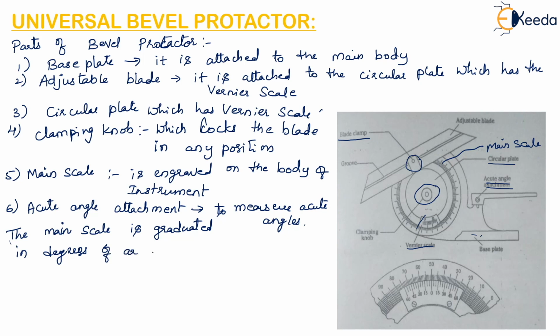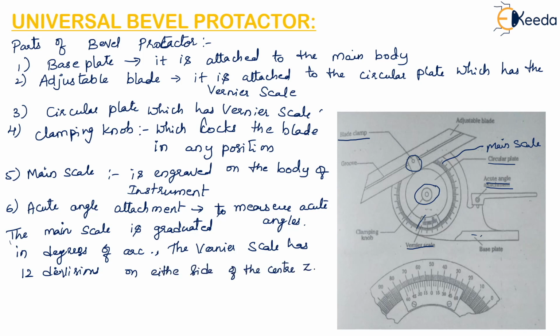The vernier scale has 12 divisions on either side of the center 0. So this is the main scale reading shown in this figure and this is the vernier scale reading. So the main scale is marked from 0 to 60 minutes of arch, so that each division is 1 by 12th of 60 minutes, that is 5 minutes of the arch.